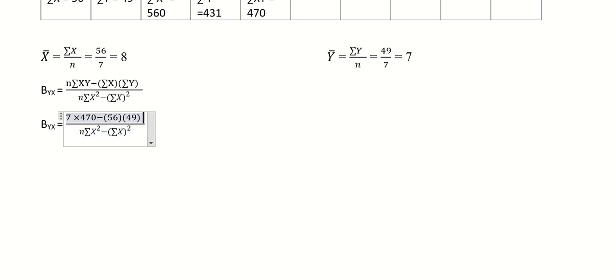Now similarly n is 7 into summation of x square is 560, and summation of x whole square is summation of x we have got is 56 square we would be needing. Now we will just put the values, we'll solve it.